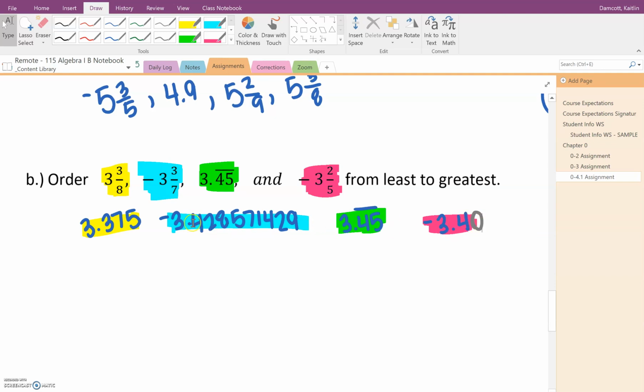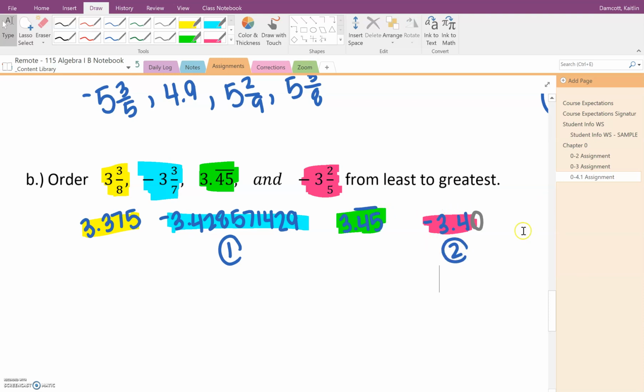Now, obviously, a 2 is larger than 0, but still we're talking negative numbers. So the larger the negative number, the lesser it's worth. So this number here, and I want to go back to blue just to keep it consistent. This is the smallest number, -3.42, and then -3.40 would come after it.